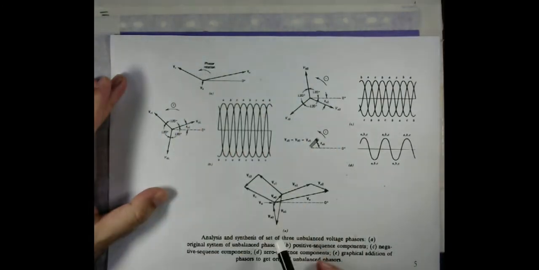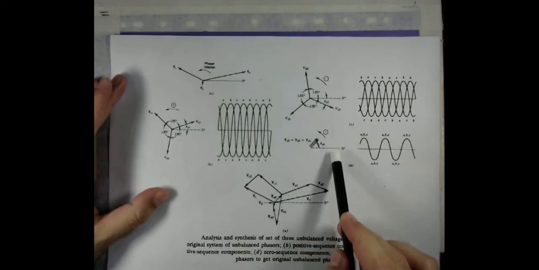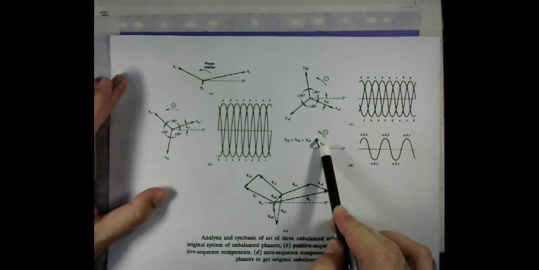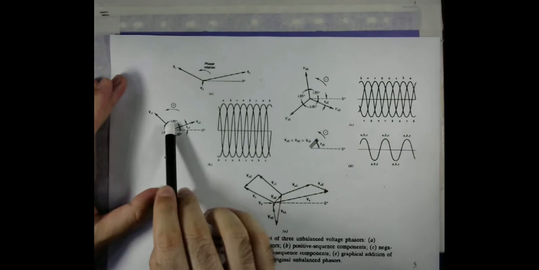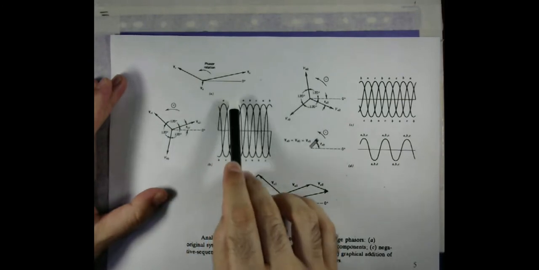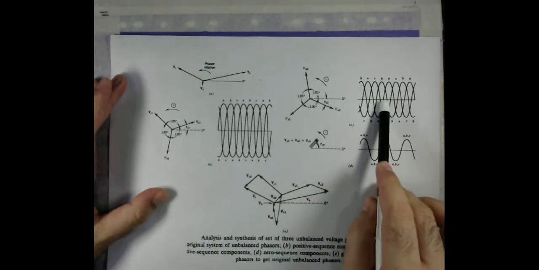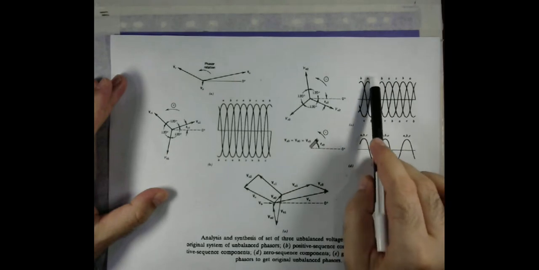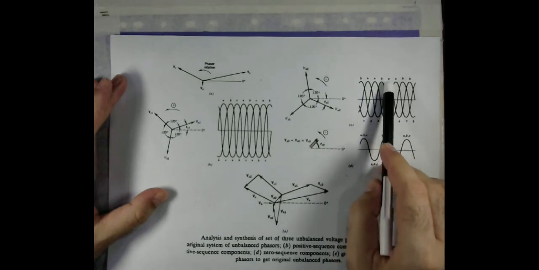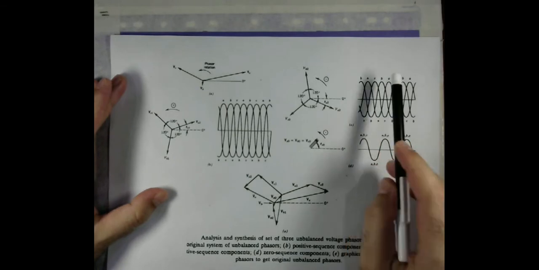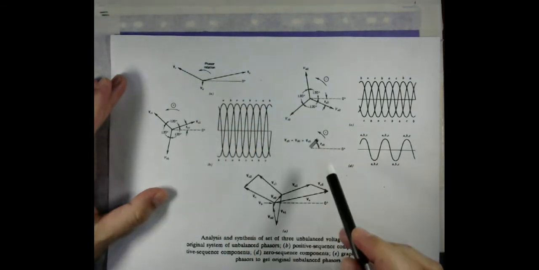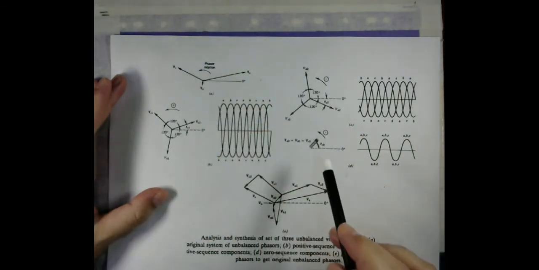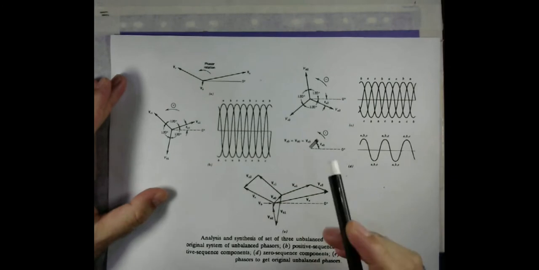So now after the transformation, we get zero sequence components, positive sequence components, and negative sequence components. As one can see here, in the positive sequence, A is followed by B and B is followed by C. In a negative sequence, we have phase A followed by C, and then we have phase B. So these quantities through transformation are decomposed into 3 sets of equal quantities.